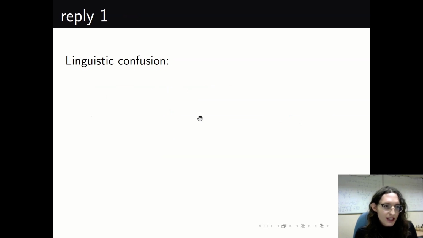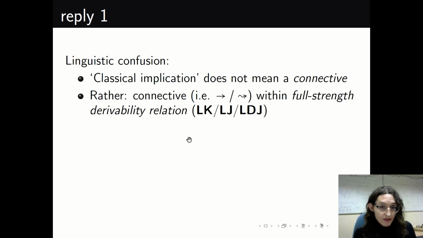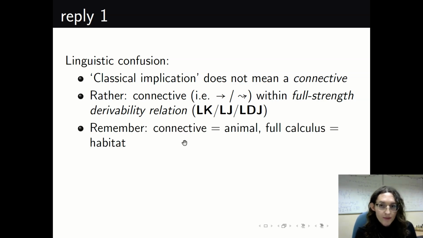Now, dearest gentle objector, you're suffering from a linguistic confusion. When we say classical implication, we don't mean a connective. Rather, we mean a connective, such as right arrow or right squiggle arrow, within a full strength derivability relation, such as LK, LJ, or LDJ.